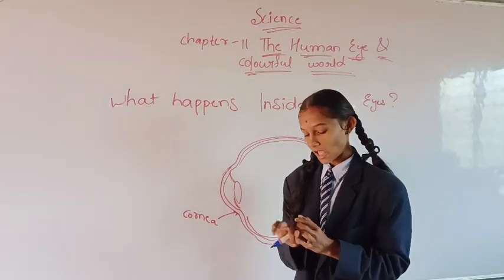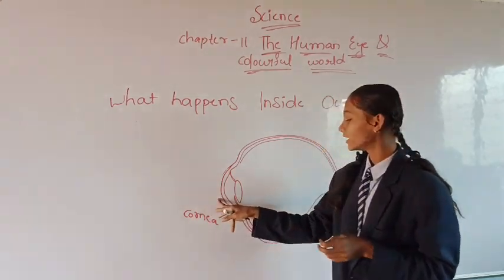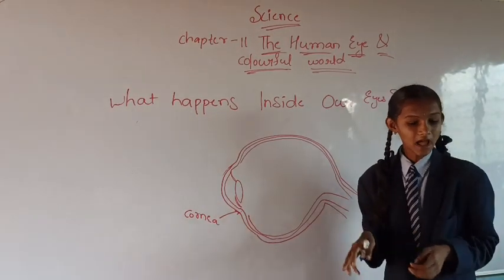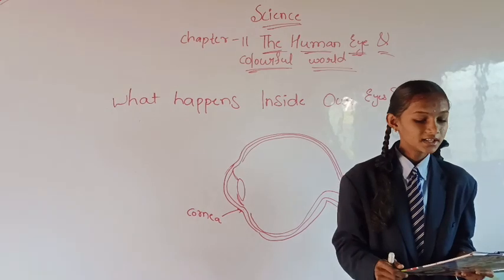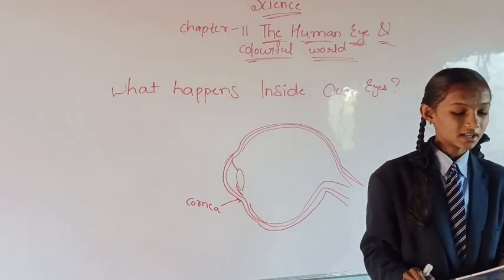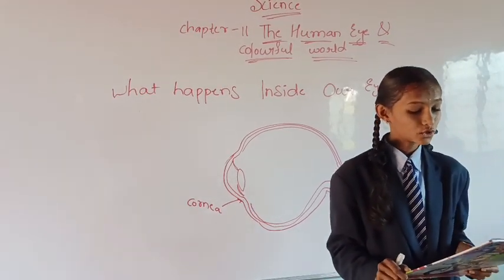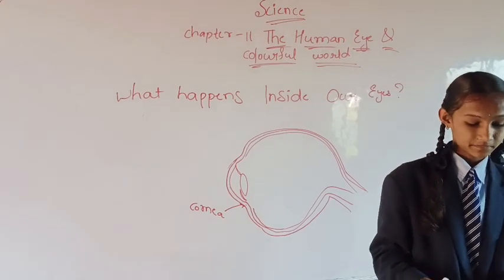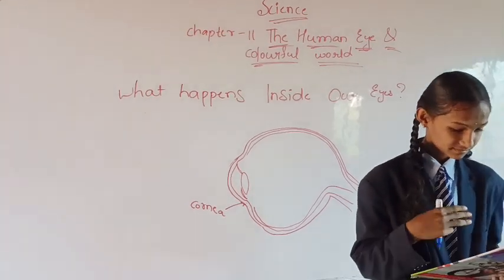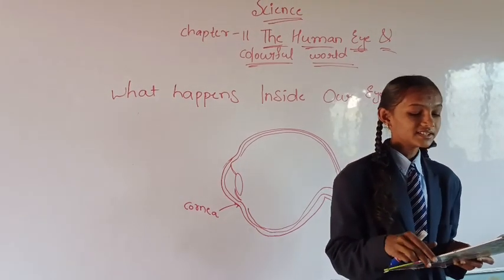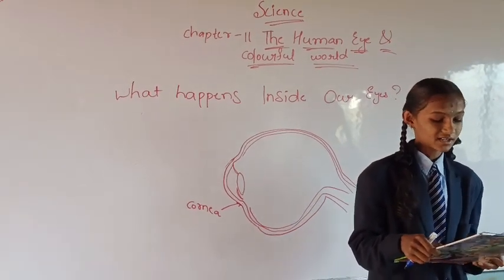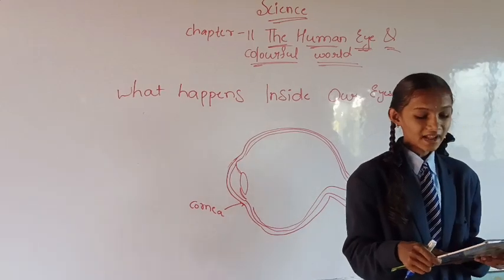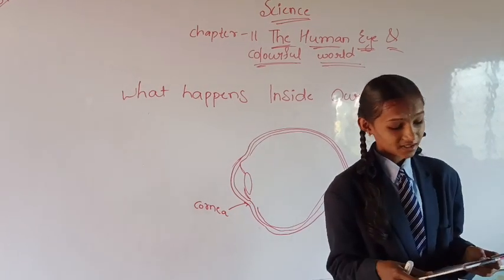First, the light will always pass through the cornea and enter our eye. Next part is the iris, the thin circular structure of the eye. This works like a camera shutter.